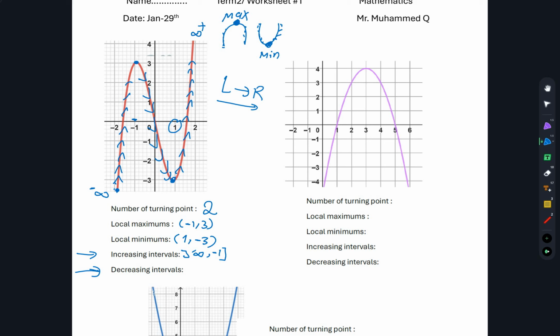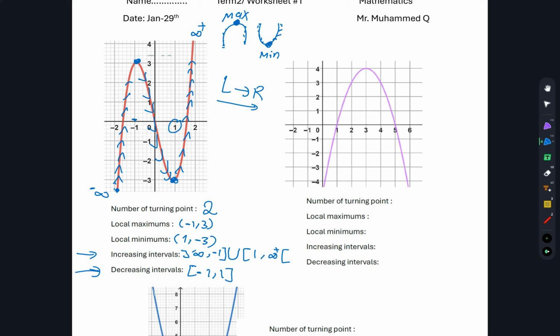So we have 2 intervals that are increasing, so we must write the union. Union from 1, again the bracket facing 1, until infinity, but this one not facing. The only decreasing part is from this point to this point, which about x is from -1 to 1.